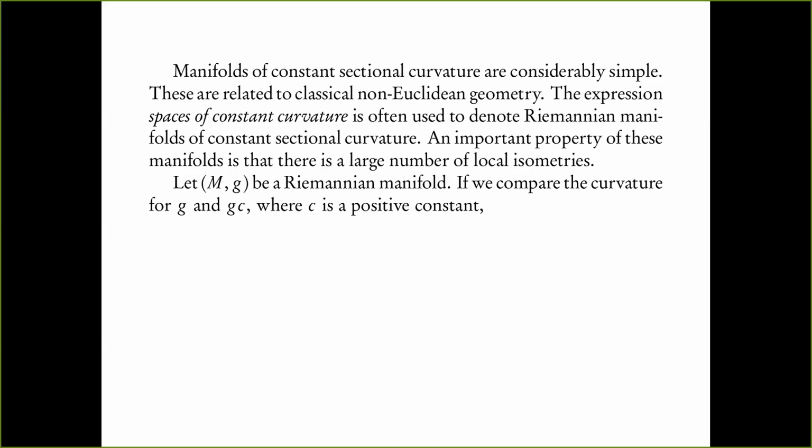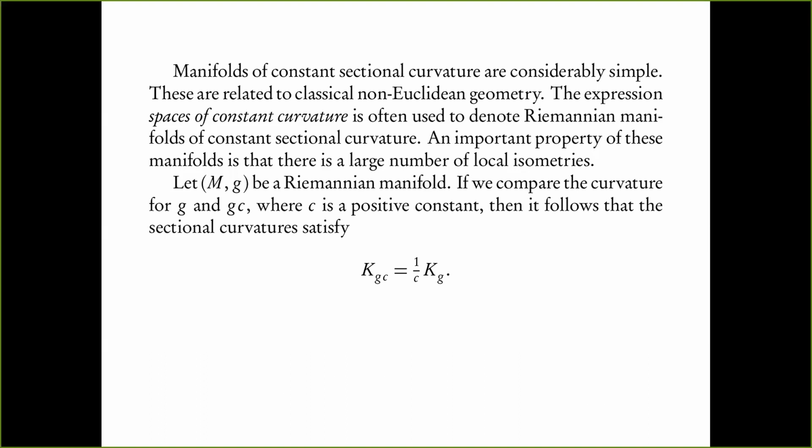If you compare the curvature for the metric g and the scaled metric cg, where c is a positive constant, so the new metric is c times g, then one can check that the sectional curvature satisfies this reverse relation: the sectional curvature function for the metric cg is 1 over c times the sectional curvature function for the metric g.